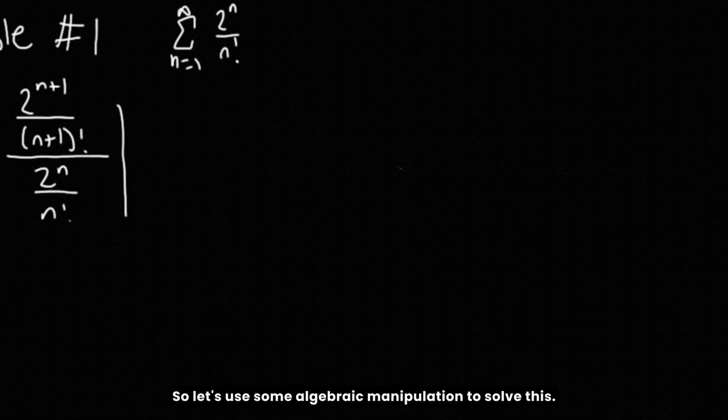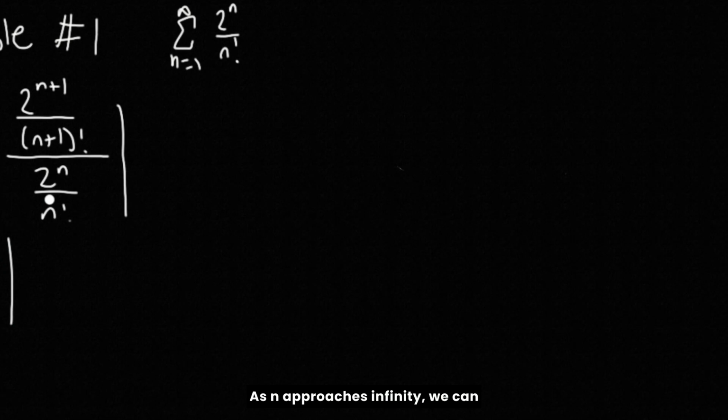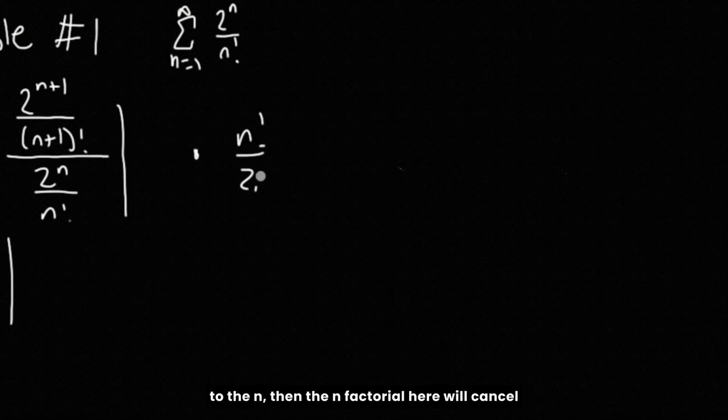So let's use some algebraic manipulation to solve this. This will be solved as the limit as n approaches infinity. We can multiply both sides of the fraction, the numerator and the denominator, by n factorial over 2 to the n.